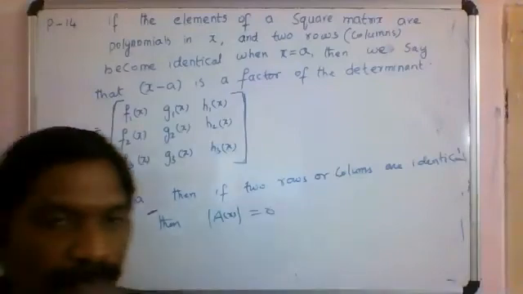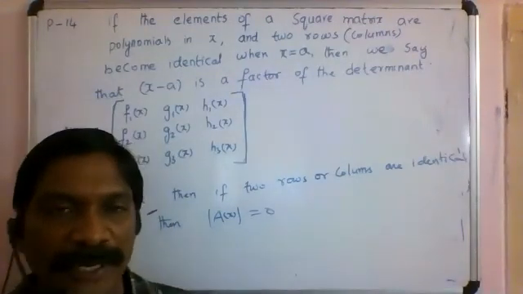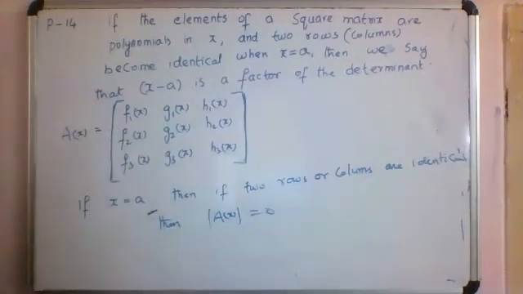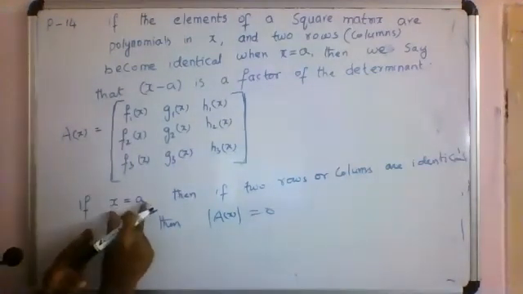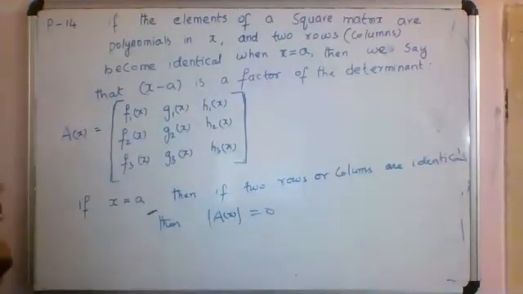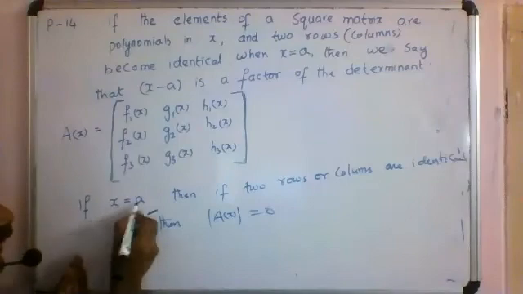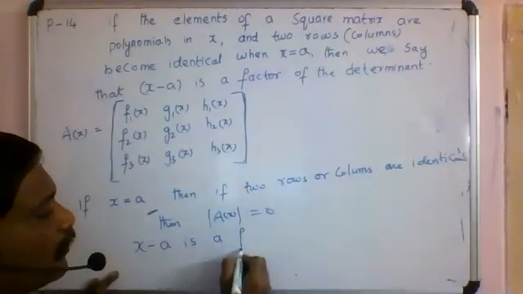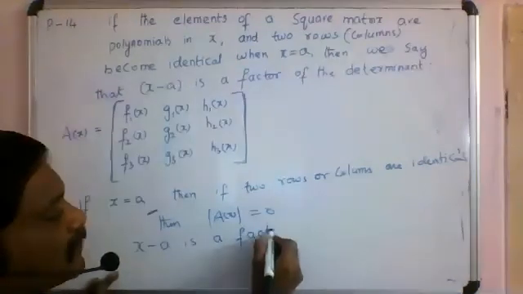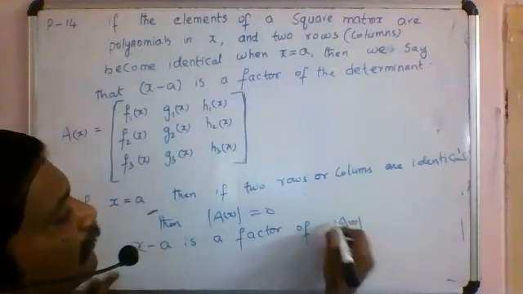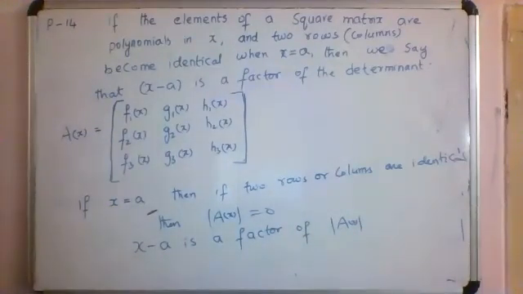In a square matrix, if two rows or two columns are identical, then its determinant value is 0. So when I put X is equal to A, if two rows or columns become identical, then the determinant becomes 0. So in this case, X minus A is a factor of the determinant of the matrix. This is what the property says. Note down.